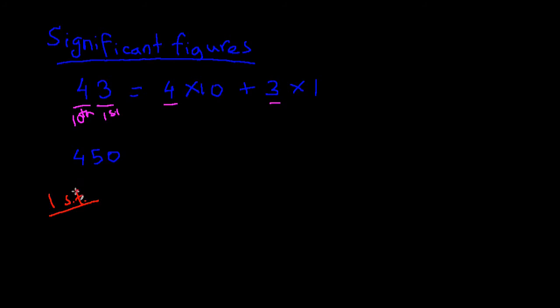So similar kind of drill. We look at the most significant number, which is 4, and then we write 4 based on the number on the right hand side. So the number on the right hand side is 5, so we round it up and write 5, and then we write 0 and 0.